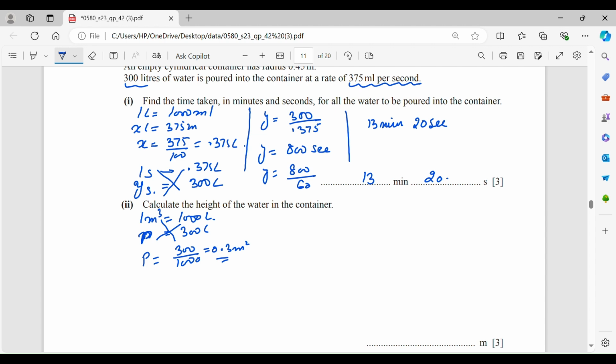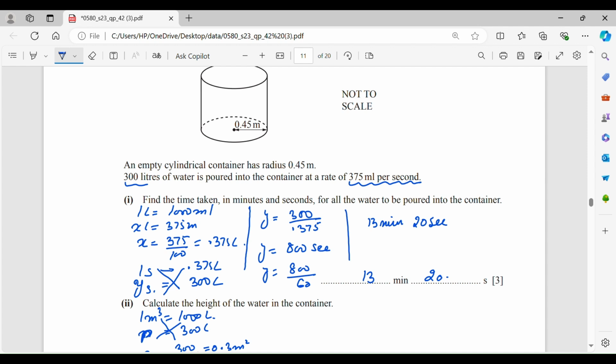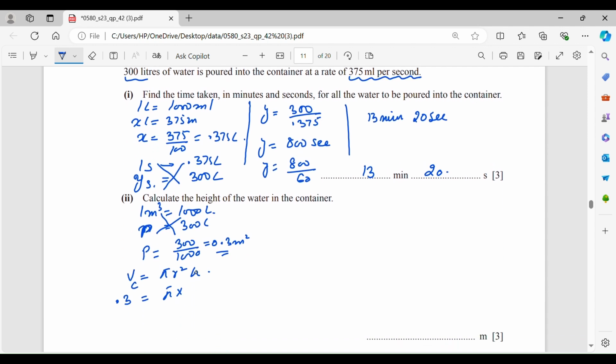So volume is equal to volume of the cylinder, which is pi r square h. So volume is given 0.3. This is equal to pi into radius. Radius is given 0.45 meter, right? So 0.45 square into h. Now h will be equal to 0.3 over pi into 0.45 square, right?